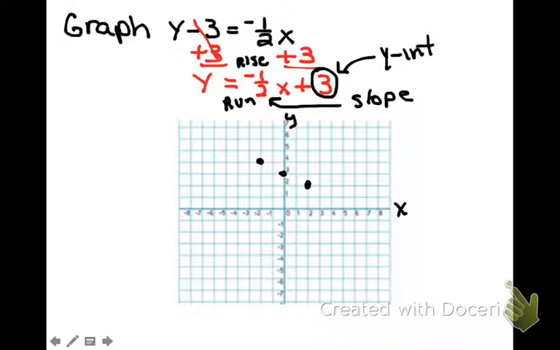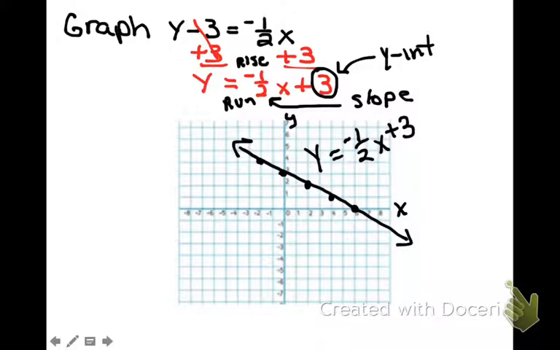So only one of my directions would be in the negative direction, and then we're going to draw a line through our points. So I labeled the line with my equation, and you'll notice that you include arrows on either end of the line to show that it extends in both directions to infinity.